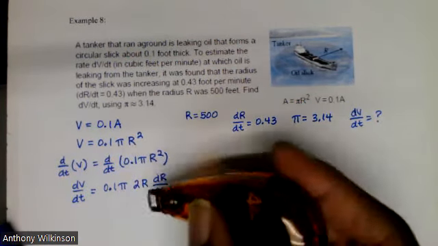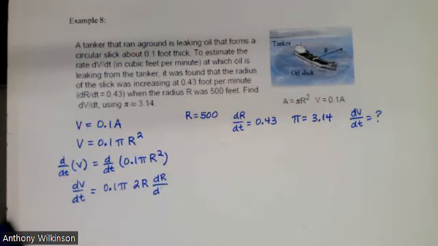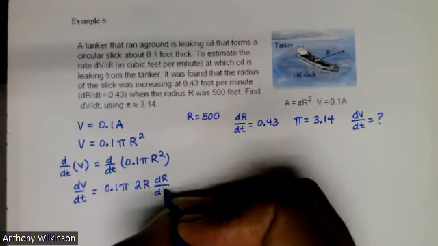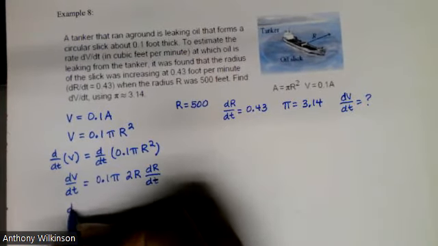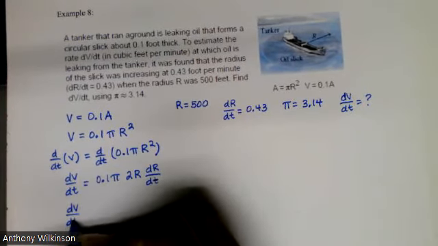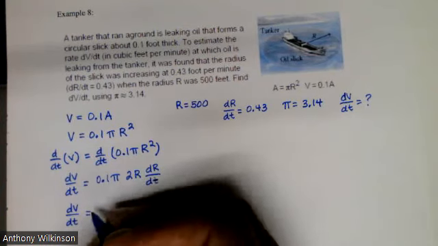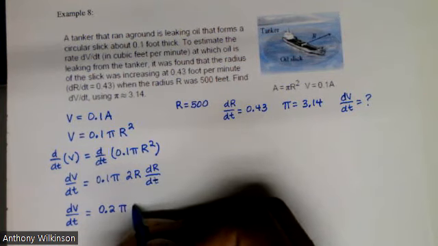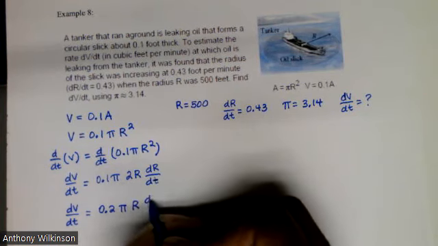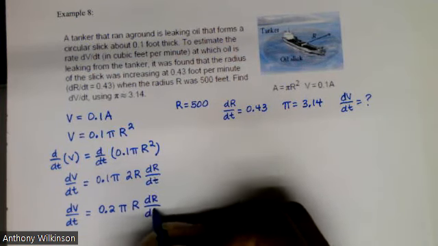Okay, so now the next thing I need to do is just do some substitution. Well, before I do that, if I do 2 times 0.1, that would be 0.2 times pi times r dr/dt.